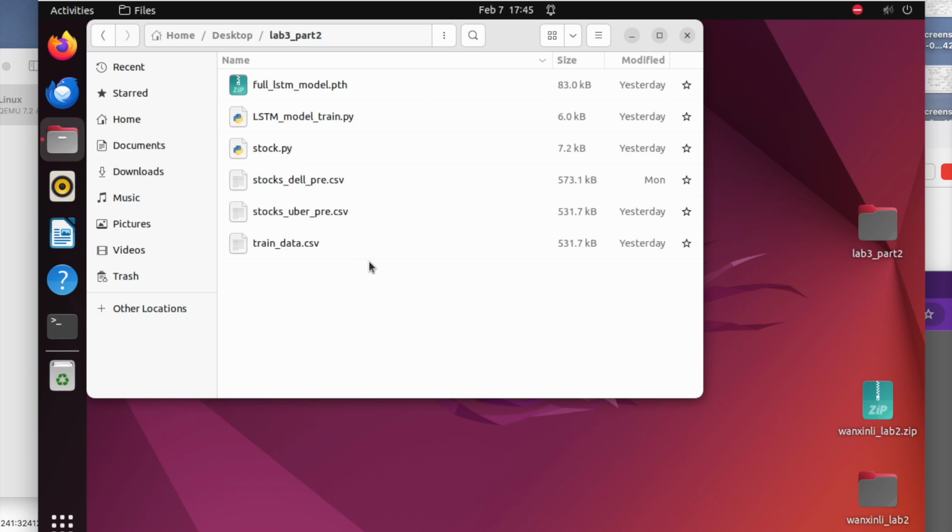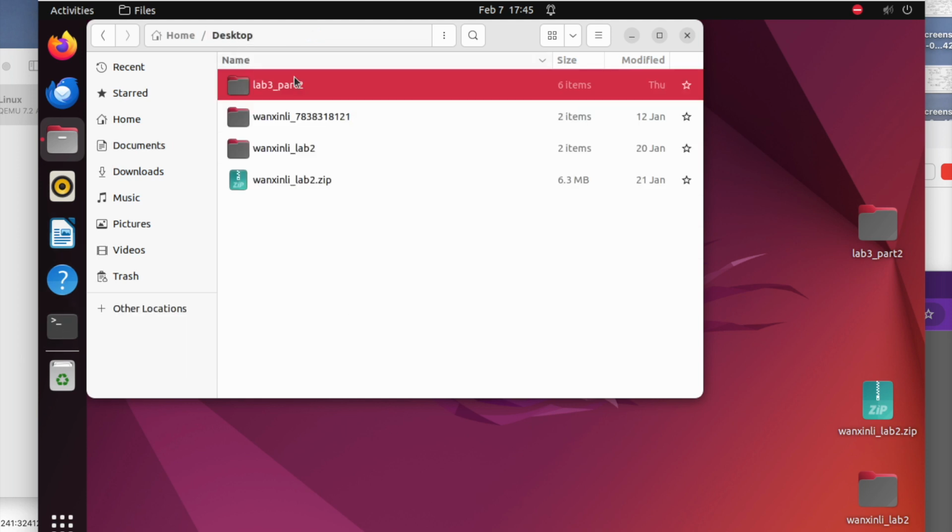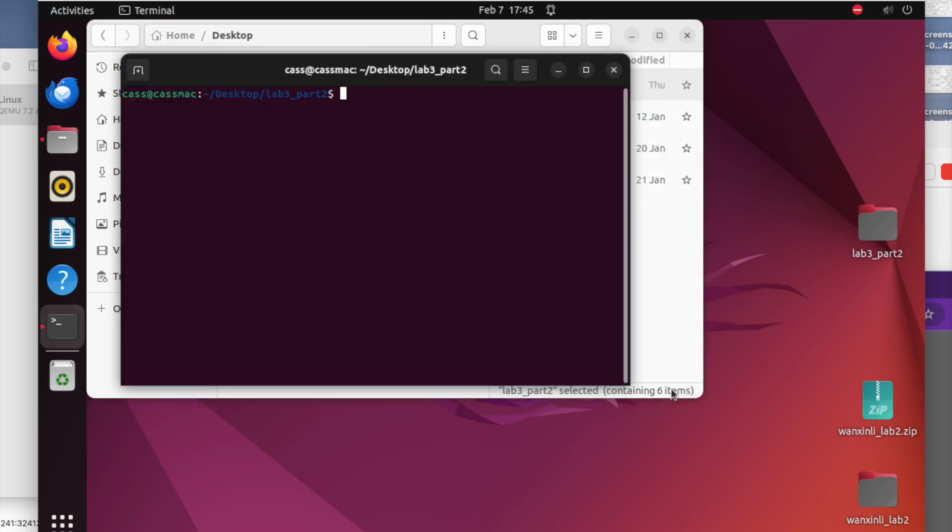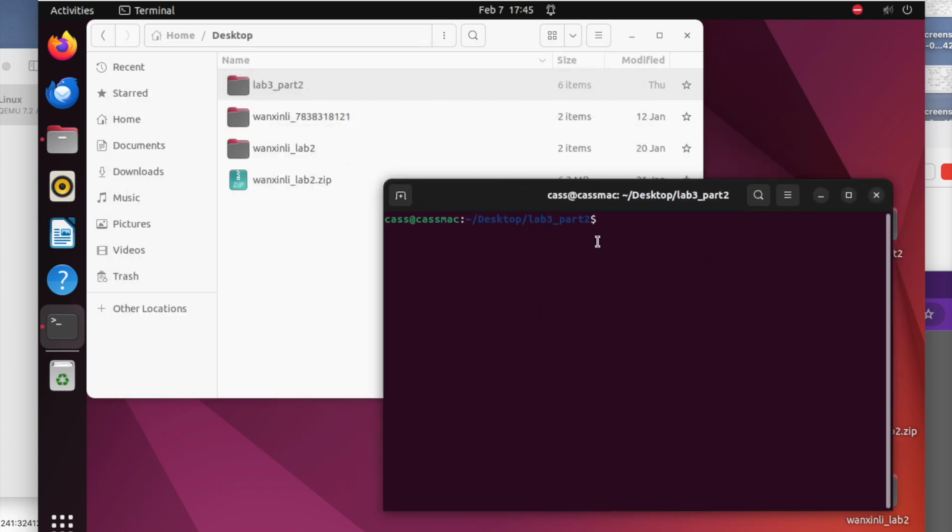If we want to run our code, first we need to train the LSTM model. So we just open the terminal and type python3 LSTM model train.